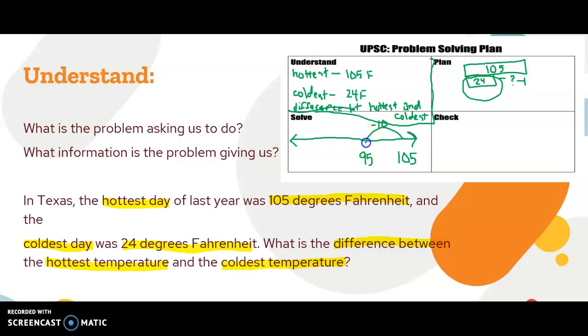And if I count back or subtract 10 from 95, that would give me 85.